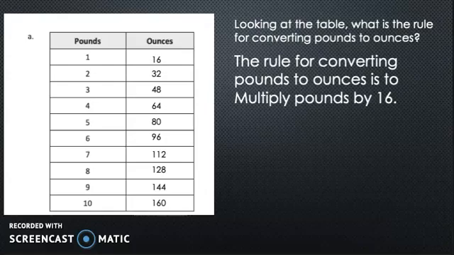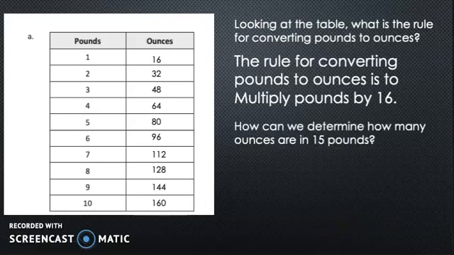But now I want you to think about something else. What if I asked you to determine how many ounces there are in 15 pounds? That's not on the chart, so how could I figure that out? What might be some ways to figure out how to determine 15 pounds? Well, I can make the table longer and continue to 15 pounds.